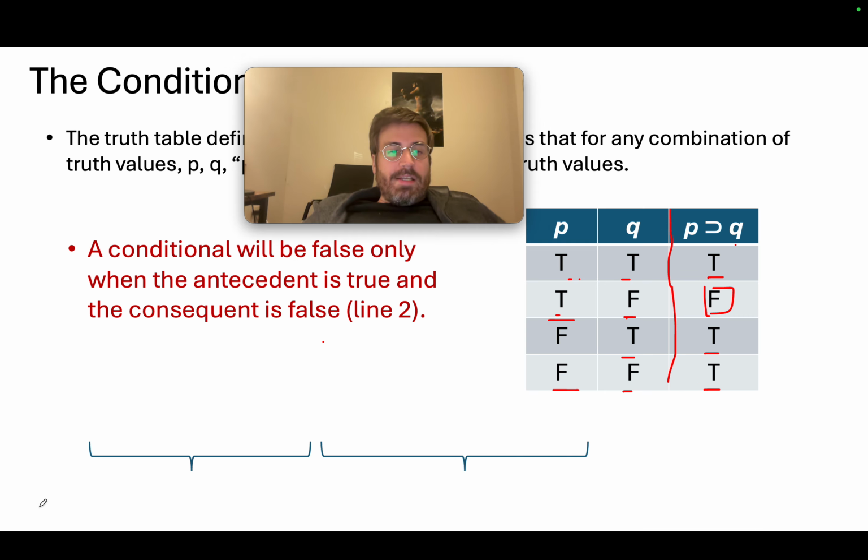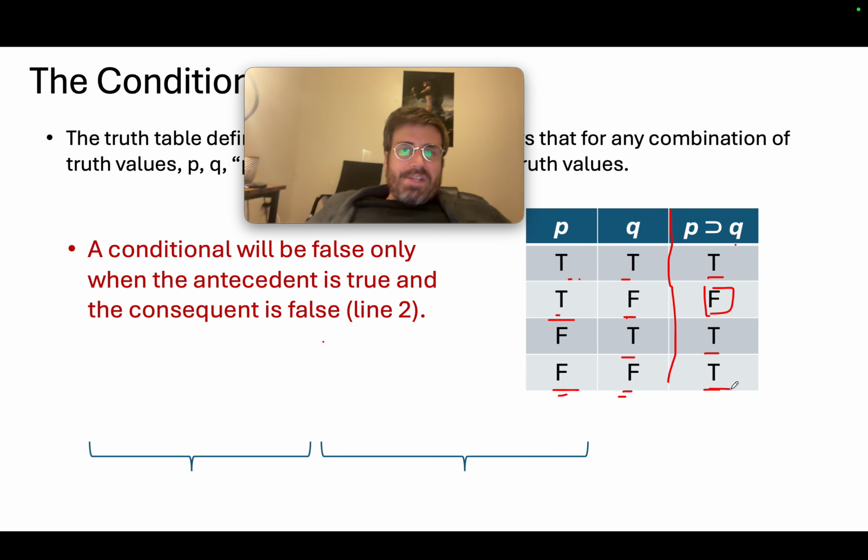All right, so you need to have that form, a true antecedent and a false consequent, for the horseshoe to have a false value. You can even have two false values, with P being false and Q being false, and the horseshoe as a whole is true. That is very counterintuitive for students at first, to have two false values and yet have the truth value of the horseshoe be true.